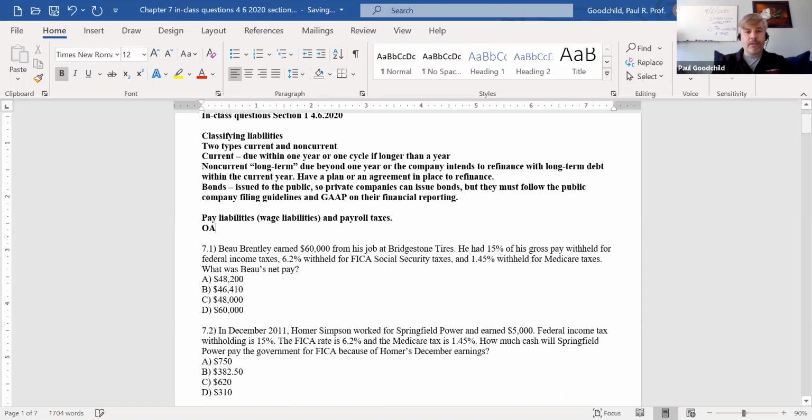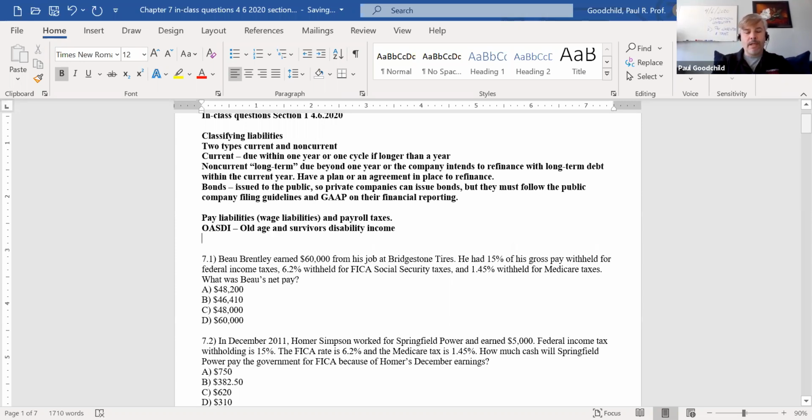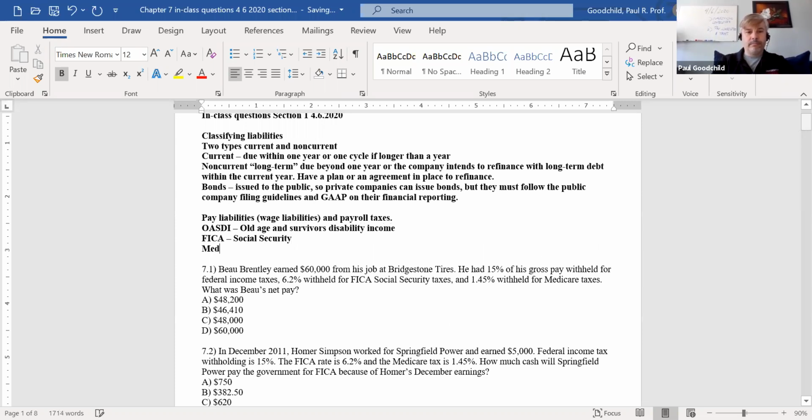And you have what's called OASDI, which is old age, survivors, disability income. And really the ones that we see most would be FICA, which is Social Security, and Medicare.